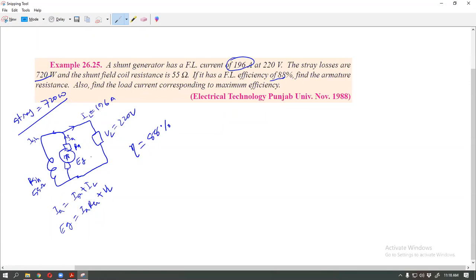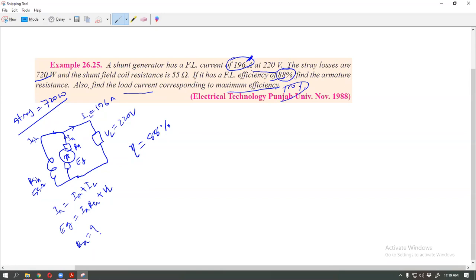Find the armature resistance. So RA is equal to what, and also find the load current. If the efficiency is 88%, then this is your load current.